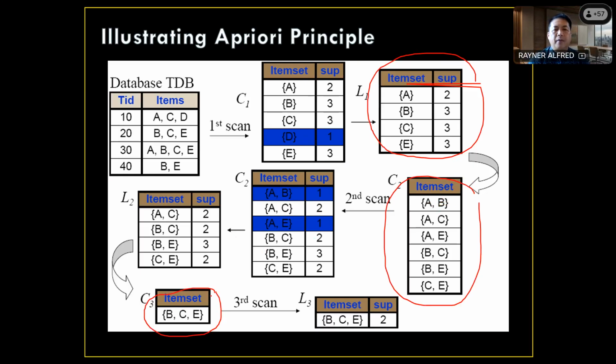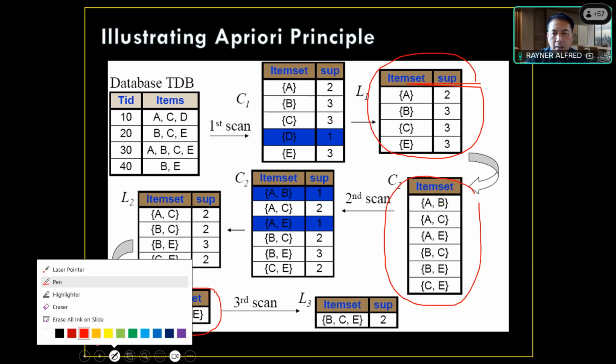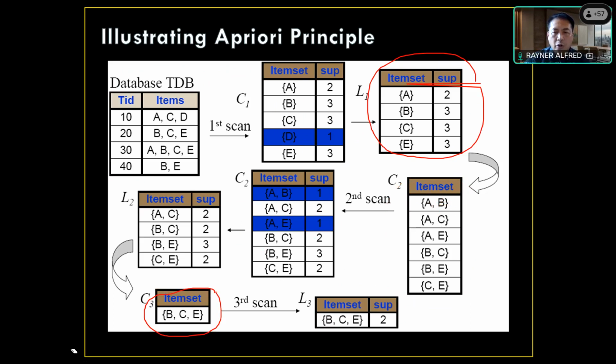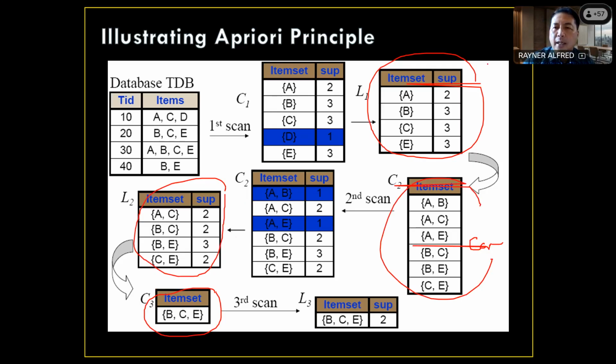Okay. Sorry. This is your candidate for 2 item set. This is your candidate. Okay, this is only your candidate. So this is the actual frequent 2 item set. This is the frequent 1 item set.